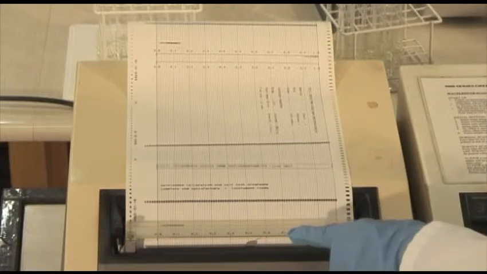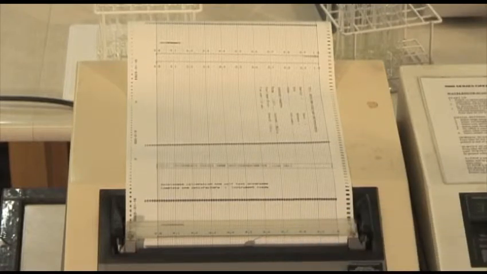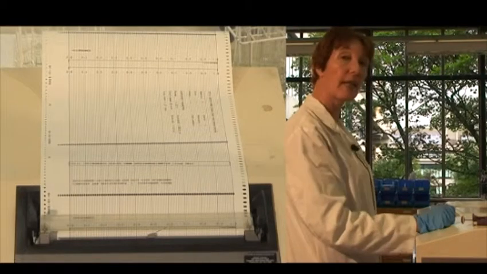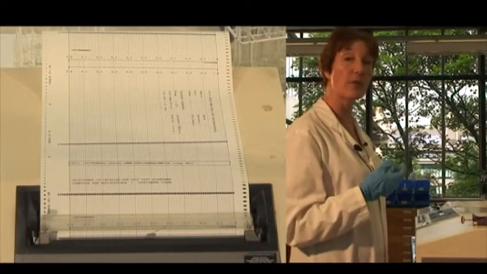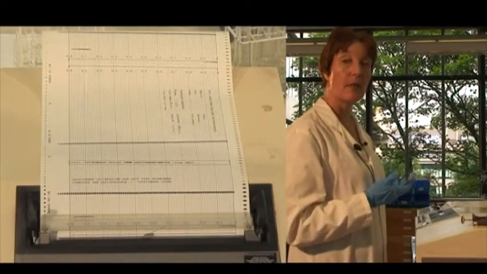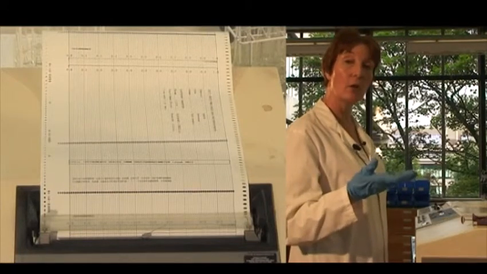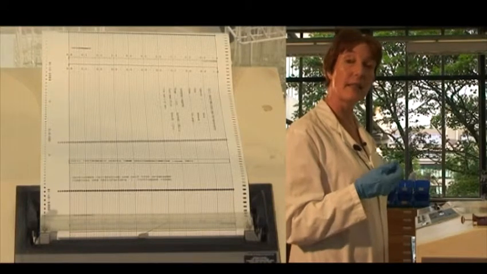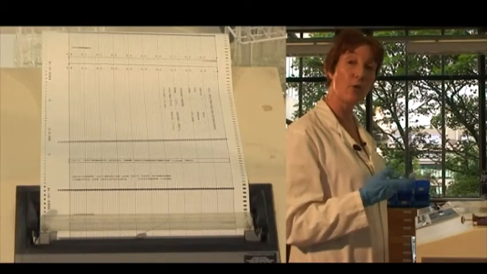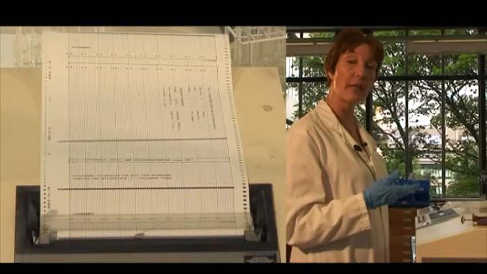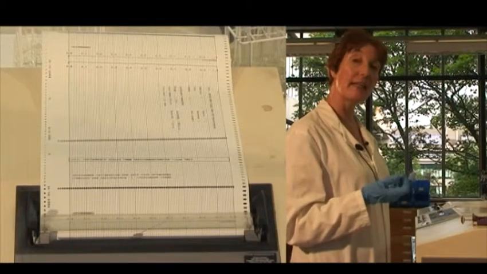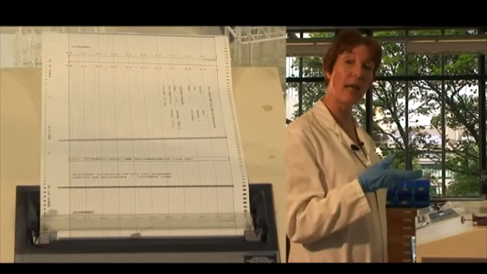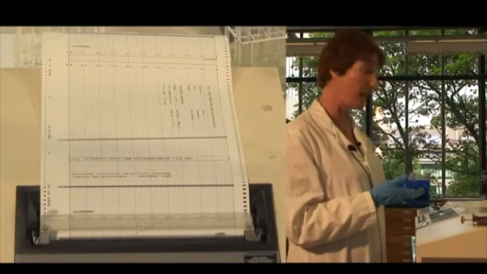So we can see the pen moving down as the absorbance of the NADH decreases because it's being used up. So as the reaction goes along, NADH is being converted to NAD. And as I said earlier, NADH absorbs light at 340 nanometers, but NAD doesn't. So as the conversion happens, the absorbance goes down.